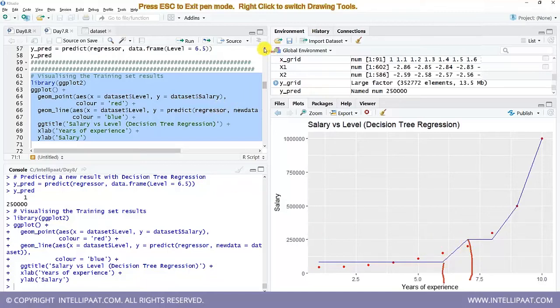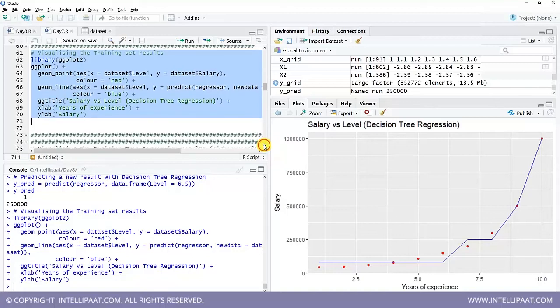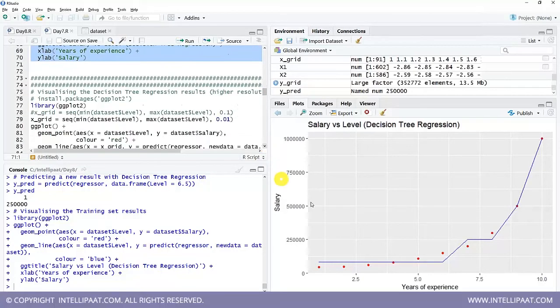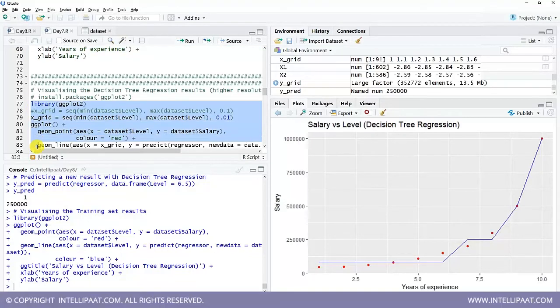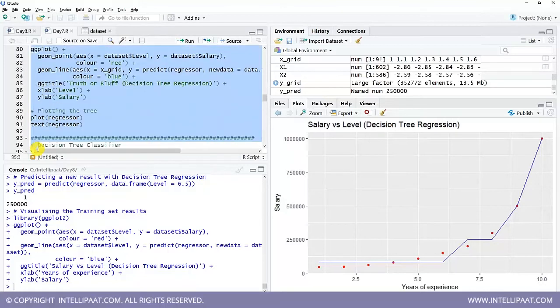So what did we do? Again, we went back and tried to adjust some parameters. I think what we did is, this was not plotted in high resolution, so we increased the resolution. The resolution is 0.01.